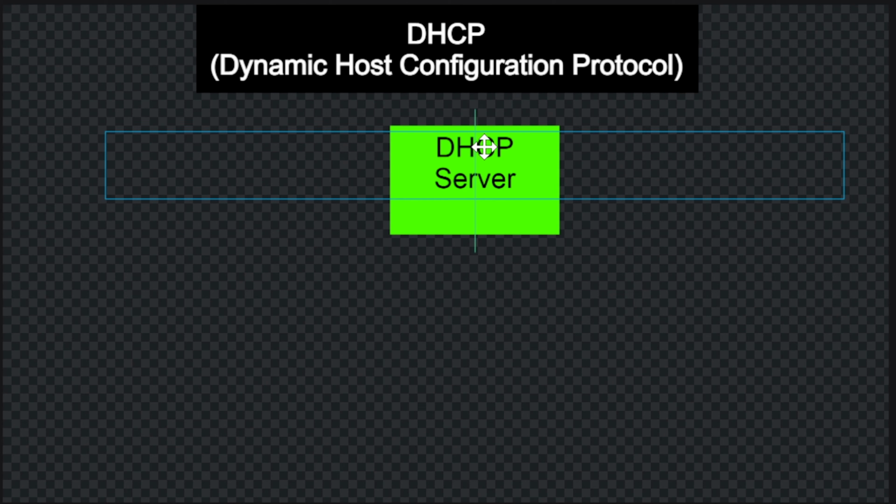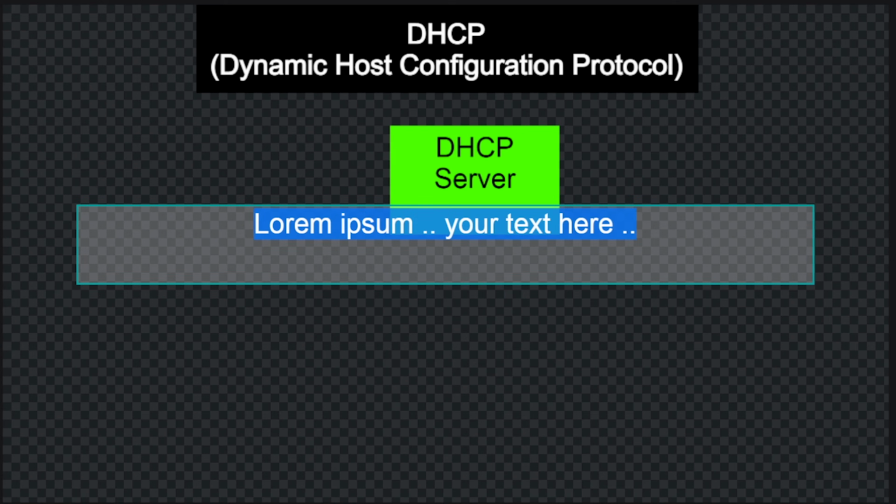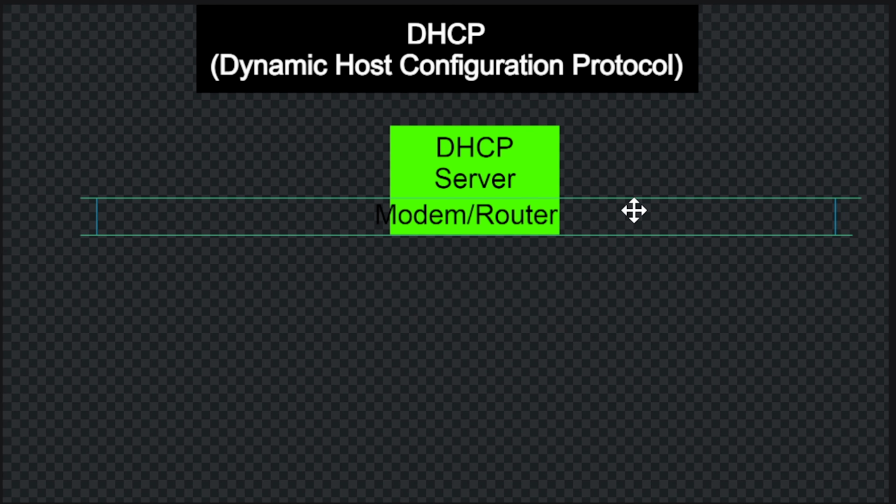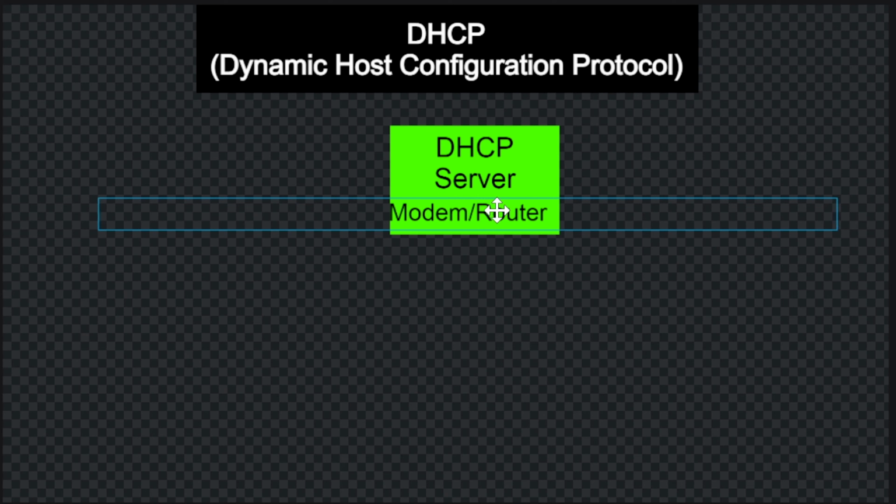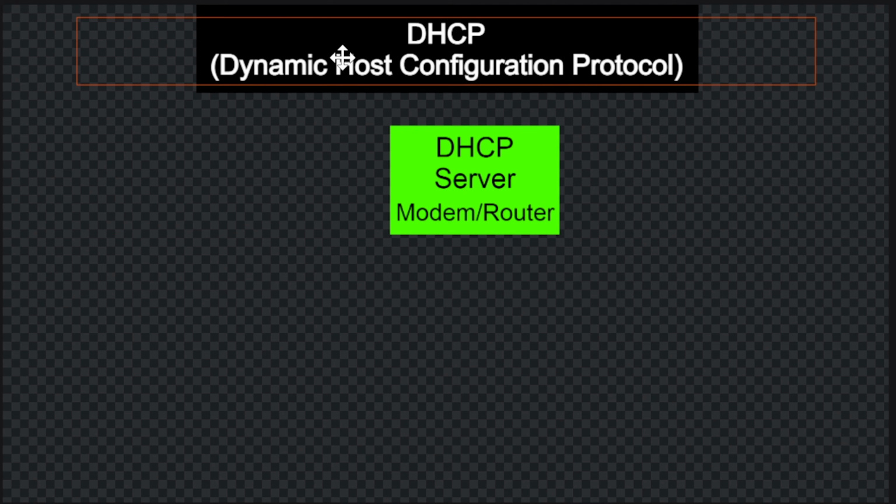In this case, if your DHCP server is a modem/router, then it provides an IP address to your computer, your phone, your tablet, so it can access the internet or your local network.